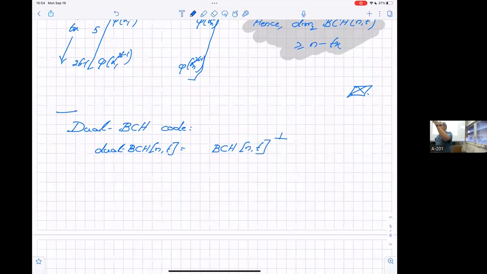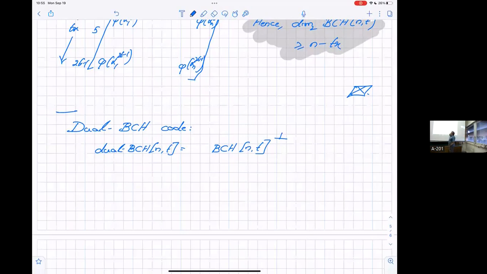It's just that it has this alternate way of looking at it as an intersection coming from Reed-Solomon. But once we have it, we forget the fact that there is a higher field out there. It's a subspace of F2 to the power n, where n is 2 to the power r minus 1.